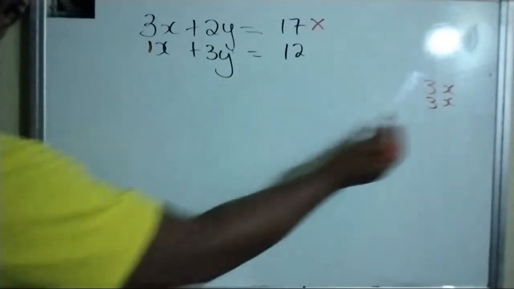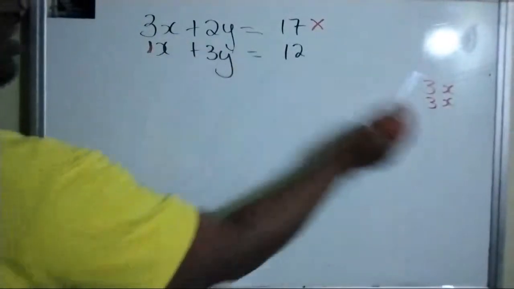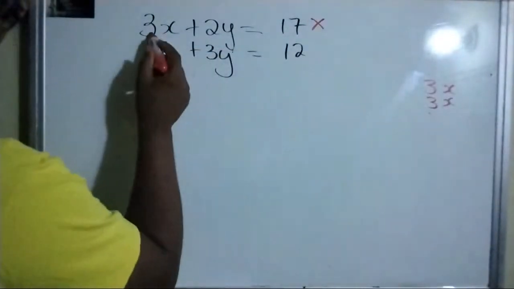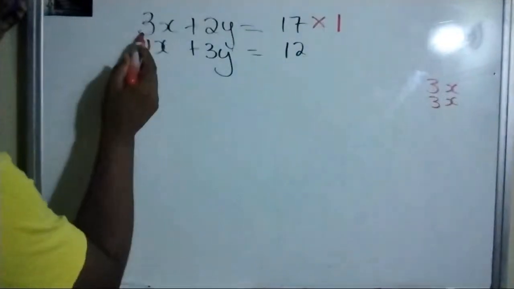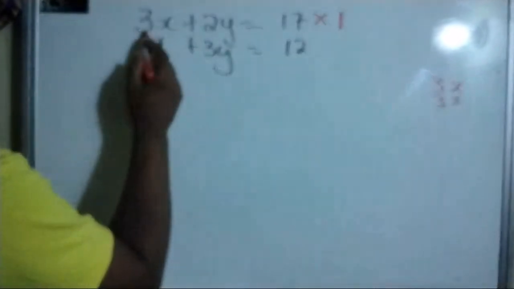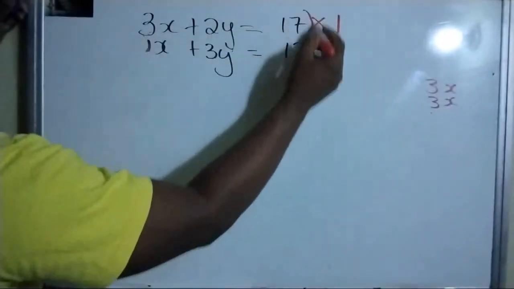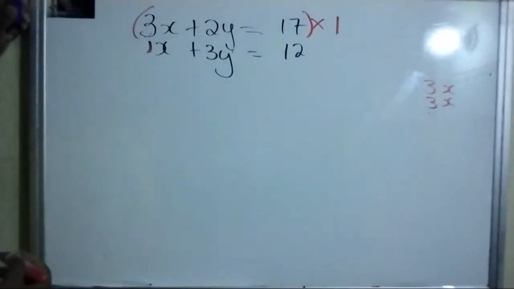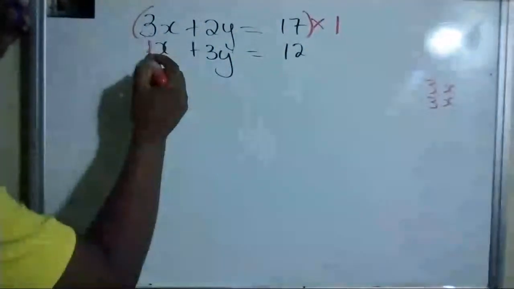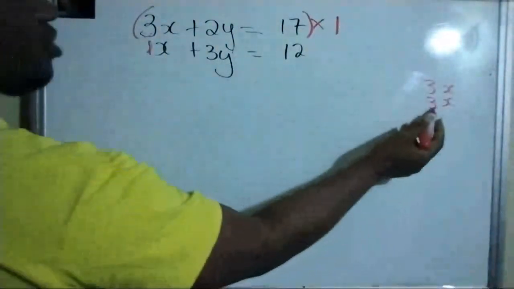Alright? So 3 times 1, that is 3. So we're going to bring all of them to 3x. So we just multiply this by 1 because this is already 3x. So 1 times 3x, that is 3x. Put a big bracket, I am going to multiply everything by 1. And we do the same for this. This is 1. What times 1 can give us 3?